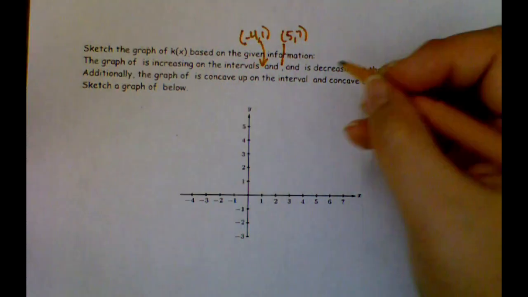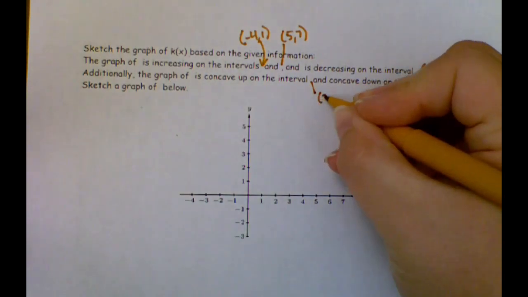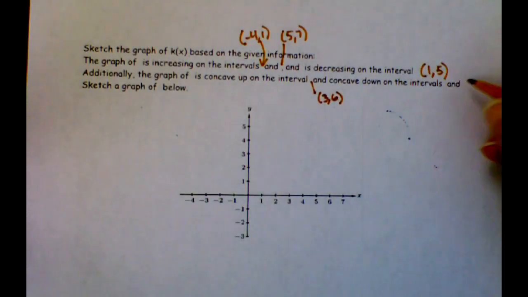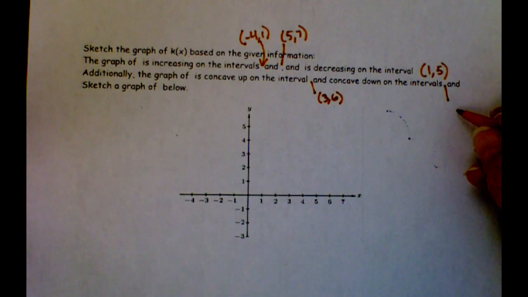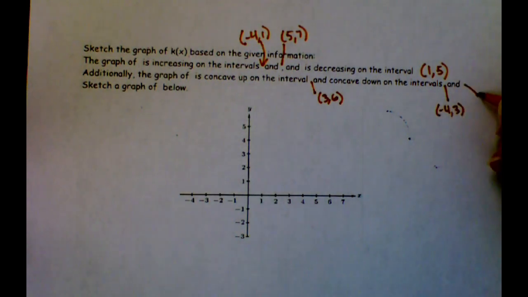Additionally, the graph is concave up on the interval 3 to 6, and concave down on the intervals -4 to 3 and 6 to 7.